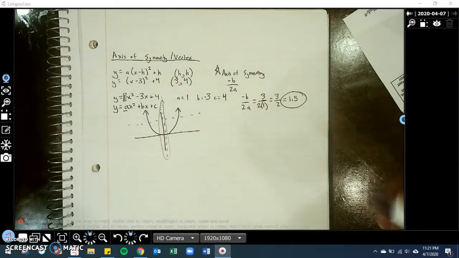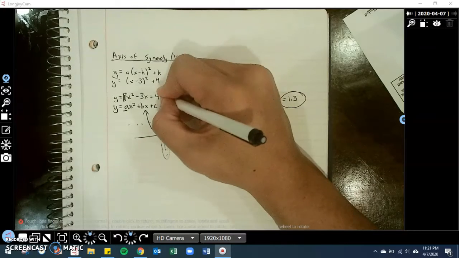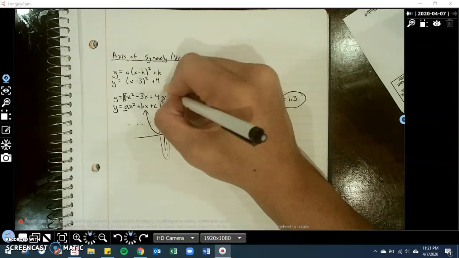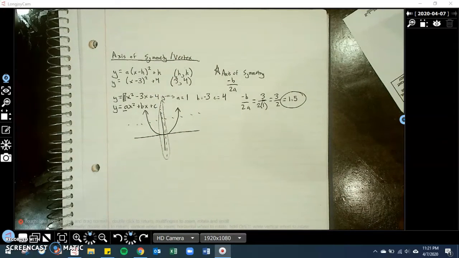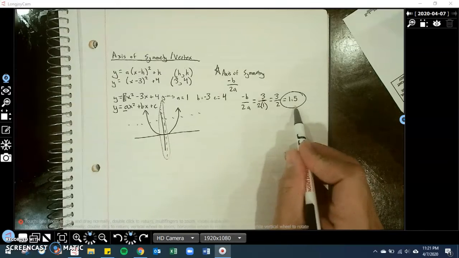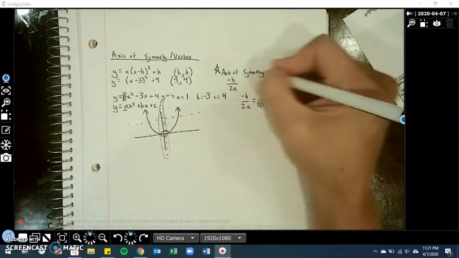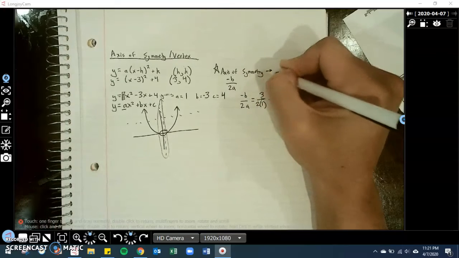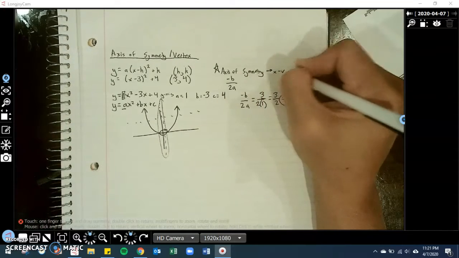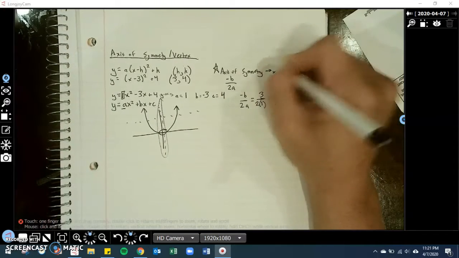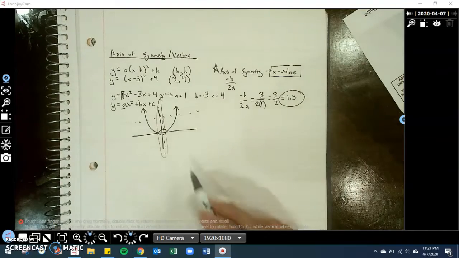Something that's important to note, even though this looks like the y-axis, and I'm going to write y-axis here, okay, this number actually is going to represent our x value, okay? So I'm going to write here axis of symmetry x value. It will always tell us our x value of our vertex, okay?